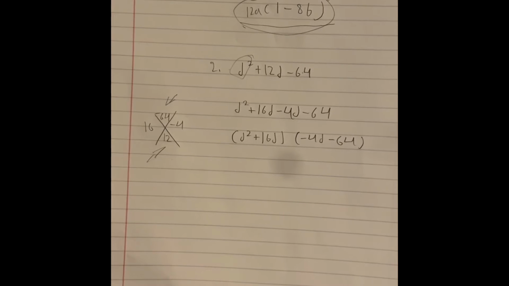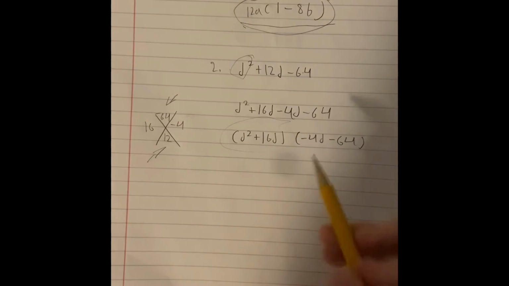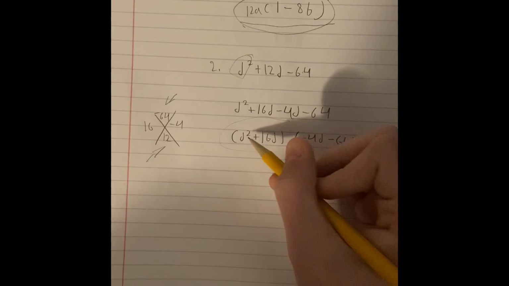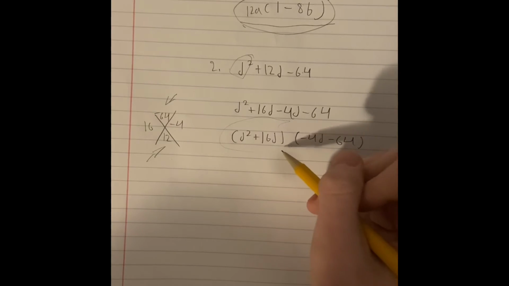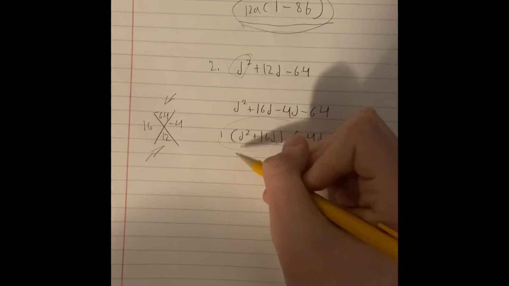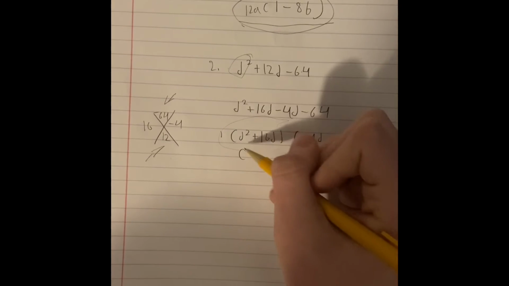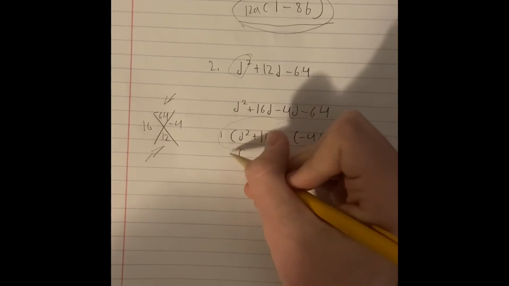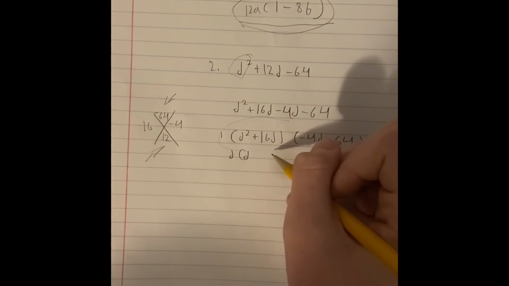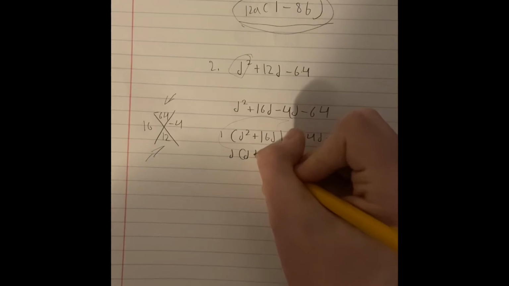Right now, in this state, I'm going to try and find the greatest common factors for both of these expressions right here. For this one, d to the second plus 16d, it looks like the greatest common factor is going to be d. So what's d to the second divided by d? It's d. And then what's 16d divided by d? 16. So d plus 16.